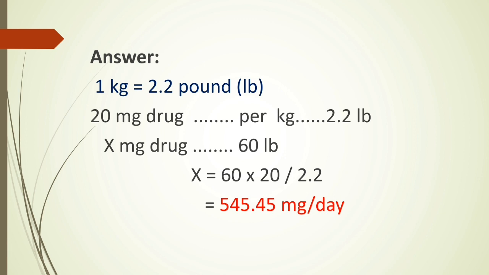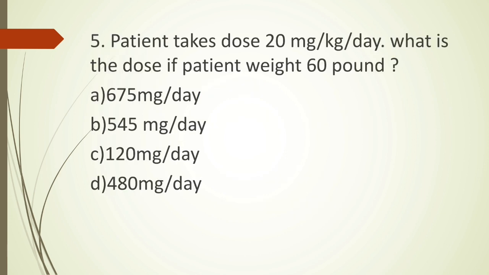The answer can be found out by simple cross multiplication. X will be equal to 60 into 20 divided by 2.2, and the answer will be 545.45 milligram per day. And the options are all in milligram, and the question was also in milligram.